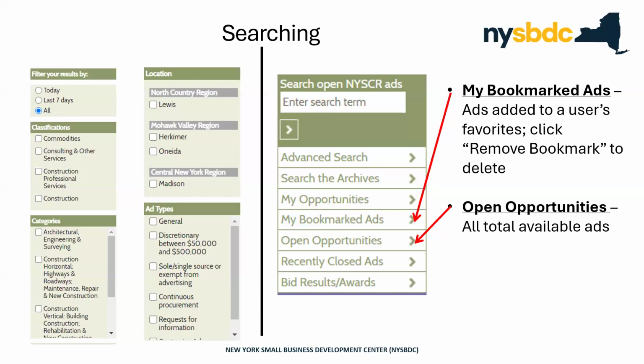If you're trying to find a specific bid and you can't seem to find it, there's always ways to go about it. And as for searching, two self-explanatory options are my bookmarked ads, which is the ones we talked about before that you had bookmarked, you want to go back and look at, or open opportunities. So you have many options.